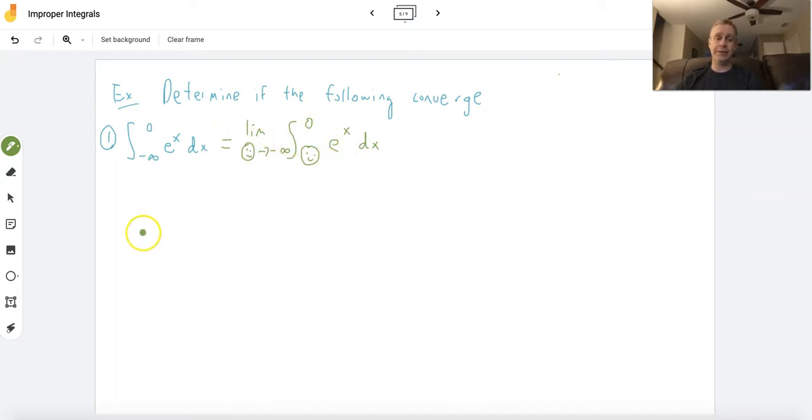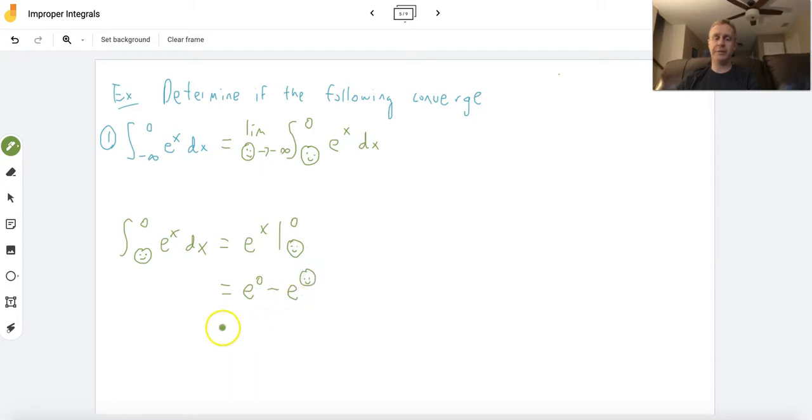All right, so now we have to determine essentially if the limit of this definite integral exists. And so to do that, I'll off to the side evaluate my definite integral expression using the fundamental theorem of calculus. And so, right, the antiderivative of e to the x we know is simply just e to the x. And then I'll plug in the upper limit of integration first into our antiderivative, and then the lower limit second.